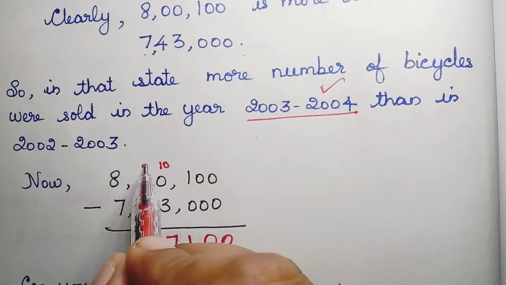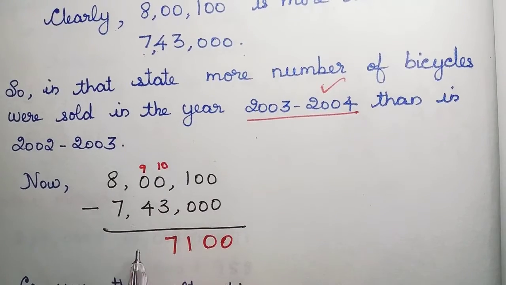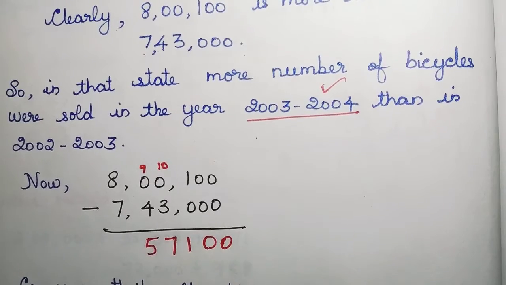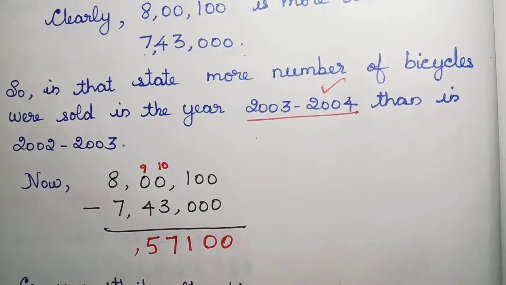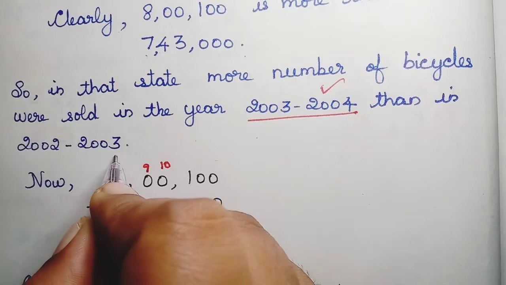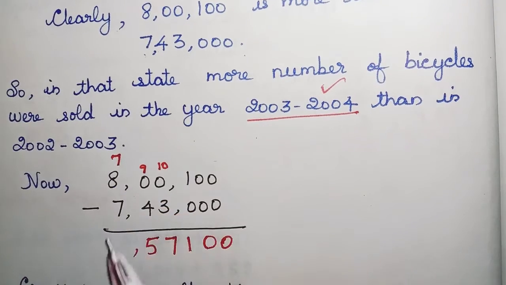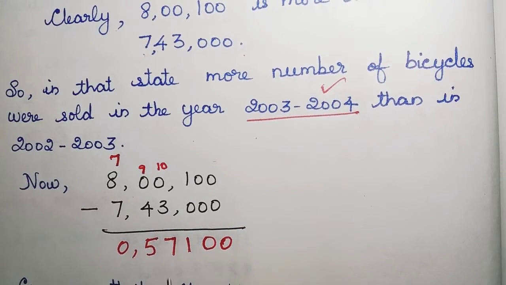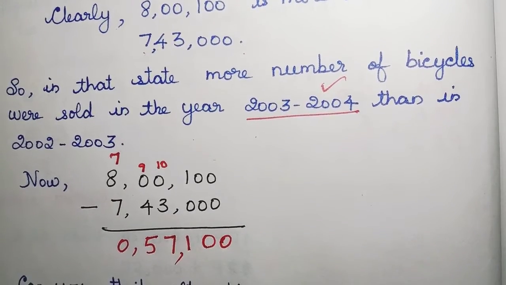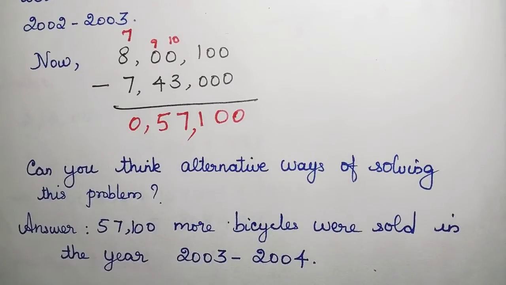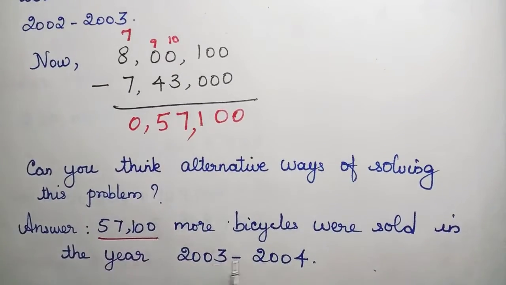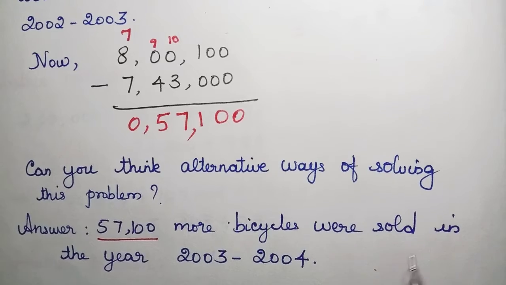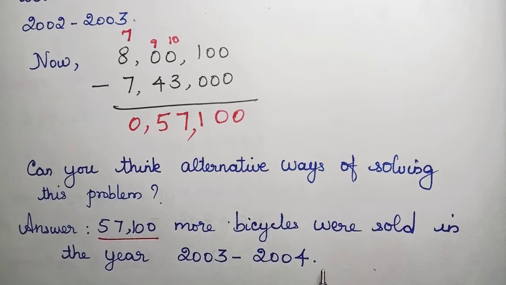So here it will be 9. 9 minus 4 is 5. Then here it will be 7. 7 minus 7 is 0. So the answer is 57,100. So 57,100 more bicycles were sold in the year 2003-2004.